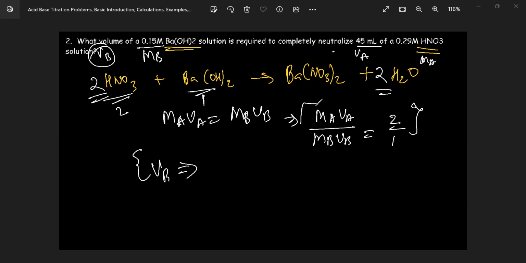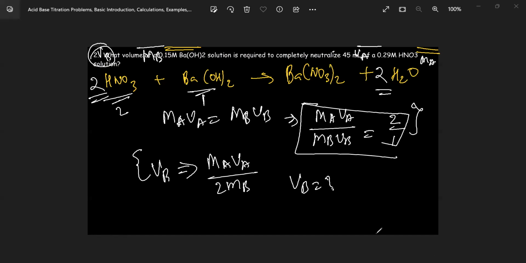If you have this equation, you can very well separate Vb here. This is how the volume of base, in this case barium hydroxide, can be calculated. Let us see the detailed solution in the next slide.